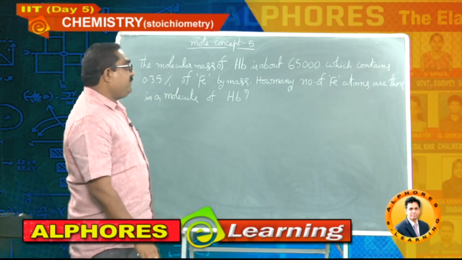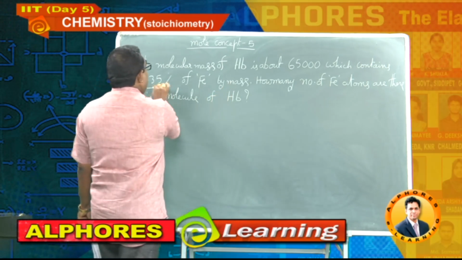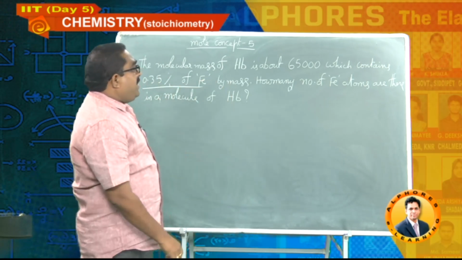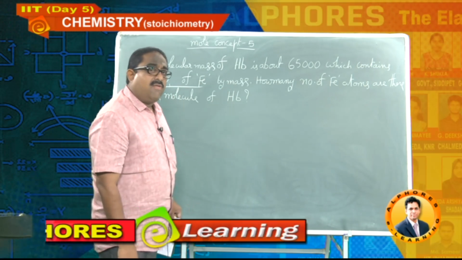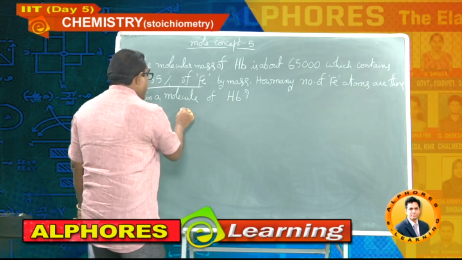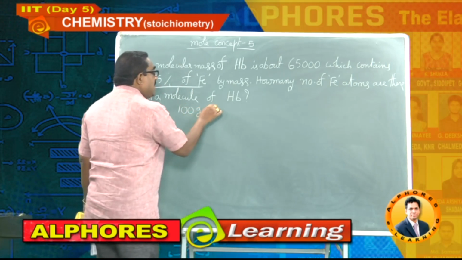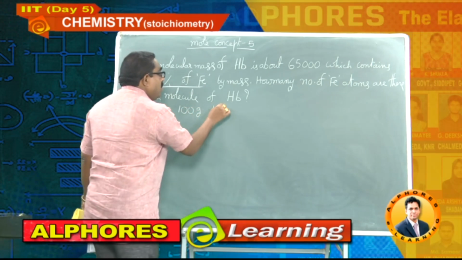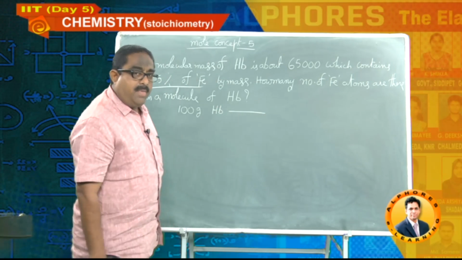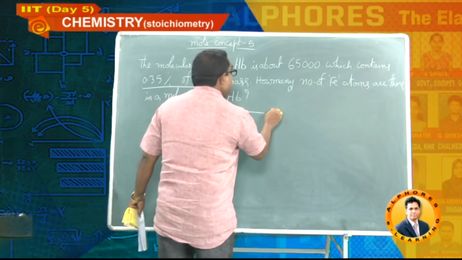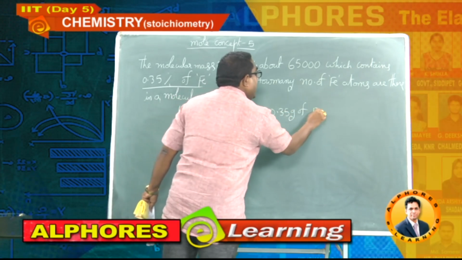That is the question. And the data he has given is that hemoglobin contains 0.35% of iron by mass. It means you can write like this: 100 grams of hemoglobin contains 0.35 grams of iron.